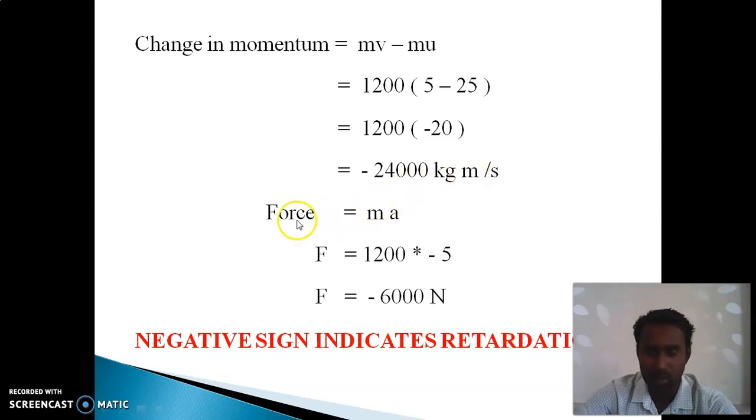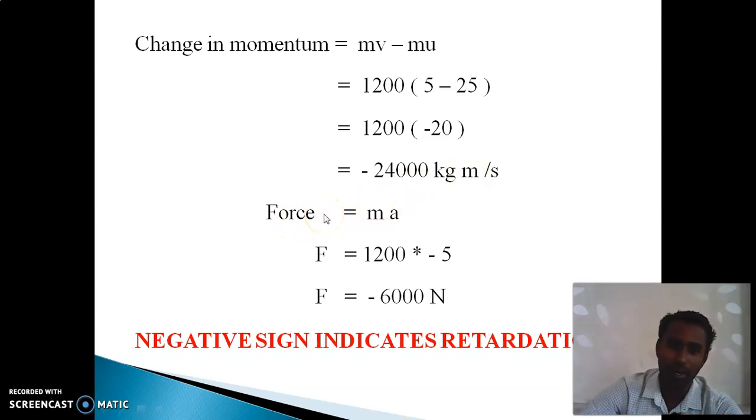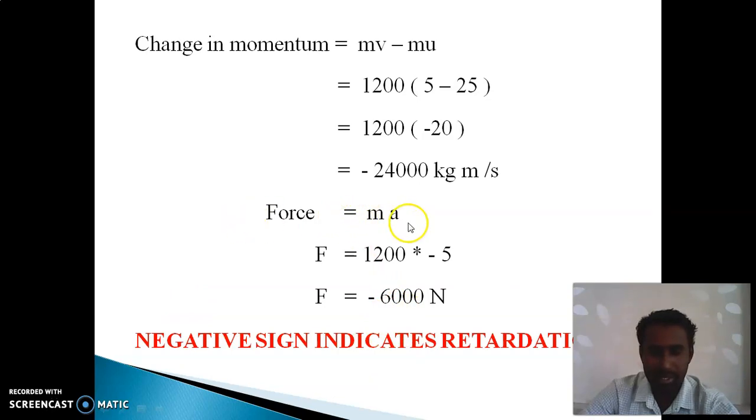And the next one, force. We have to find force. As you know, force equal to ma, right? So force equal to mass into acceleration.